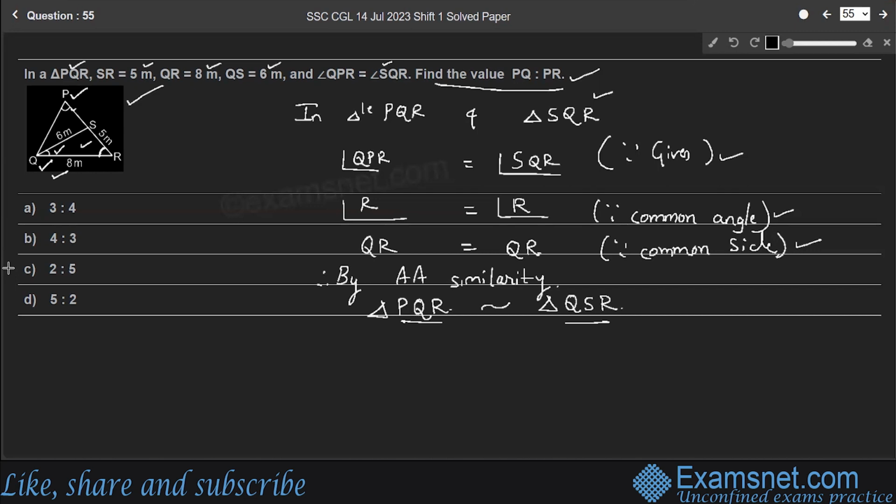So here we'll consider the ratio of their corresponding sides. We'll start from common angle, which is R here. Its opposite side is PQ in triangle PQR and its opposite side is SQ in triangle SQR. Therefore, PQ by SQ are corresponding sides.